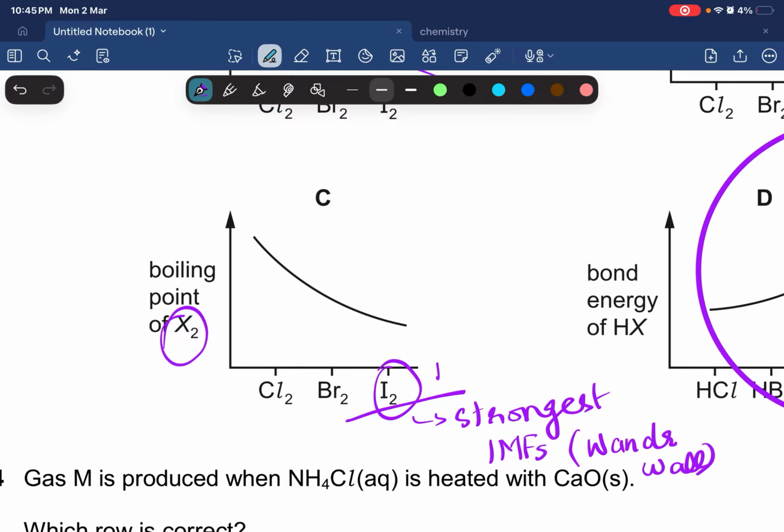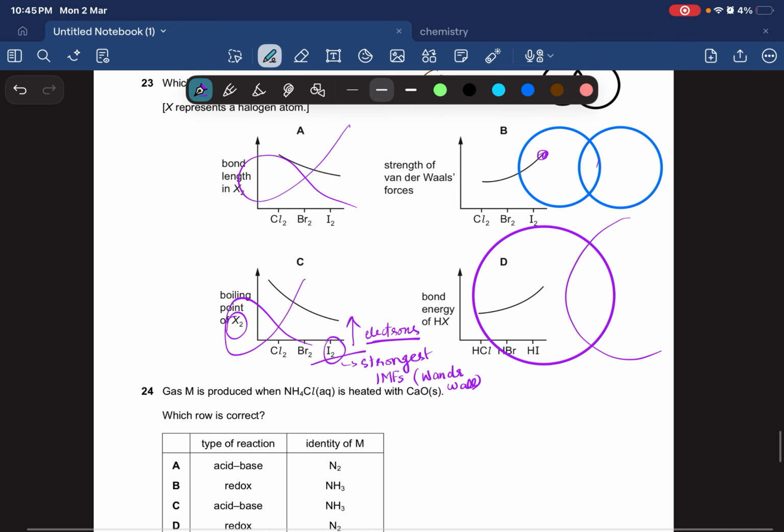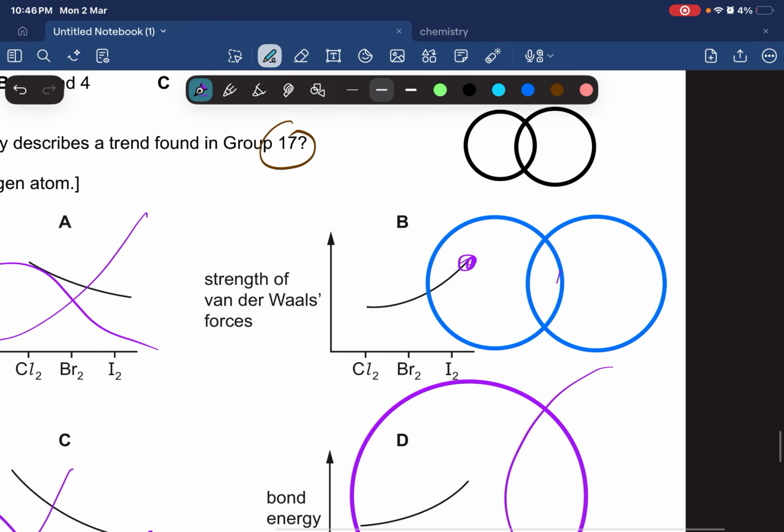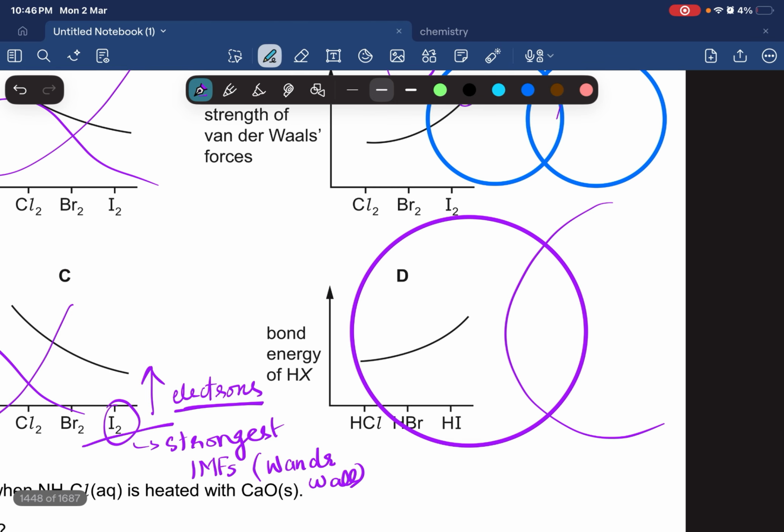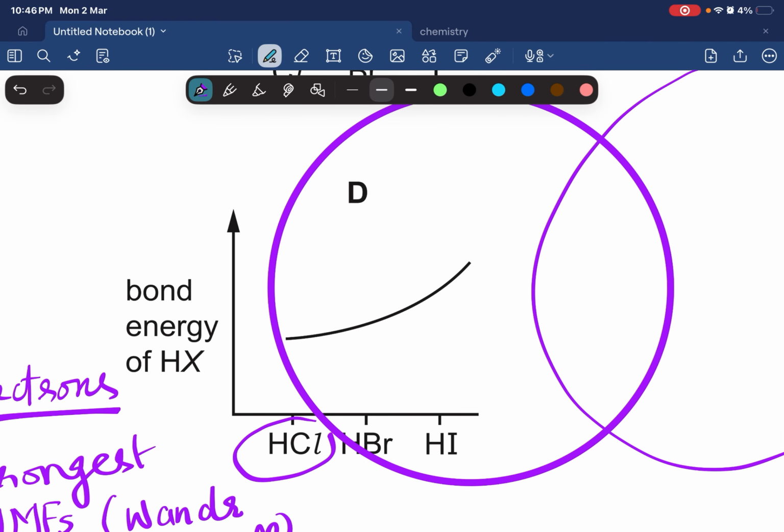Because it has the highest number of electrons. So that's a cross. Iodine should have the greatest van der Waals forces. Option B we go with. And then bond energy is going to be greatest for HCl. Why? Because that's going to be the strongest.